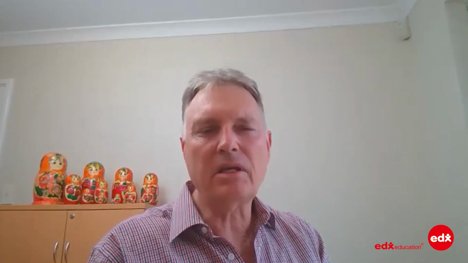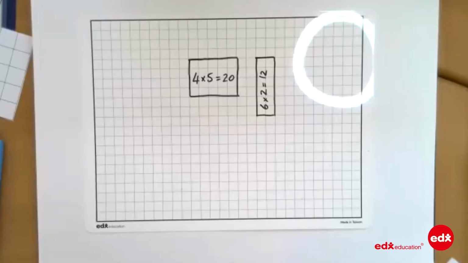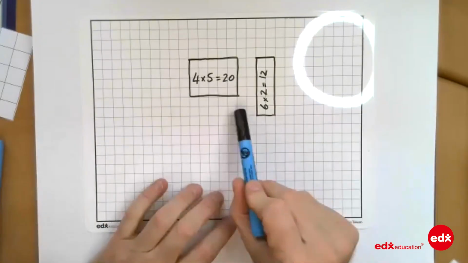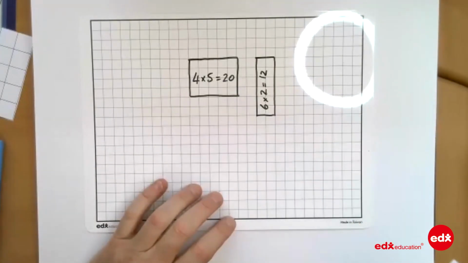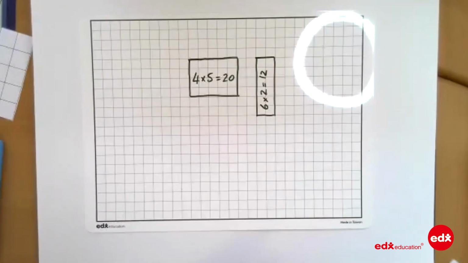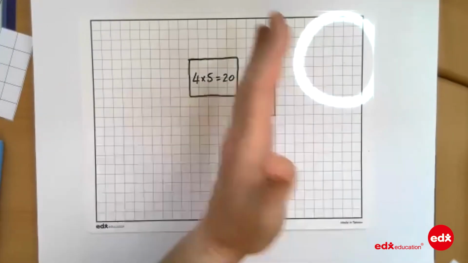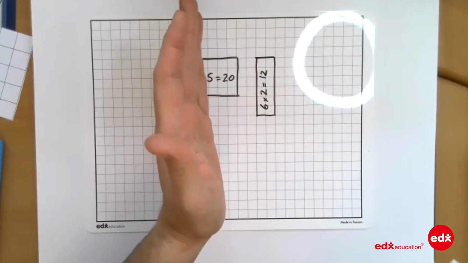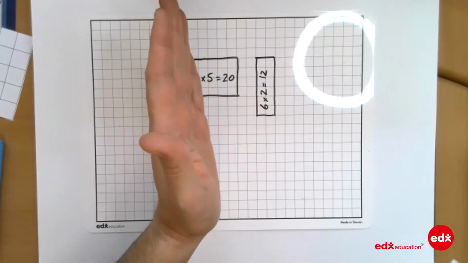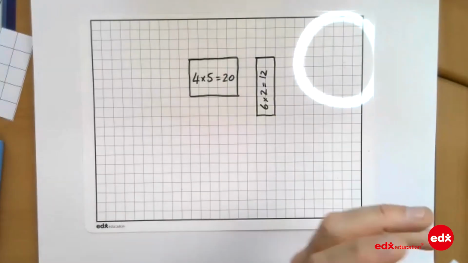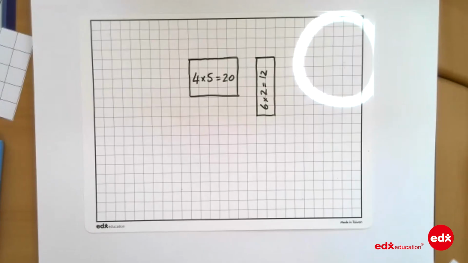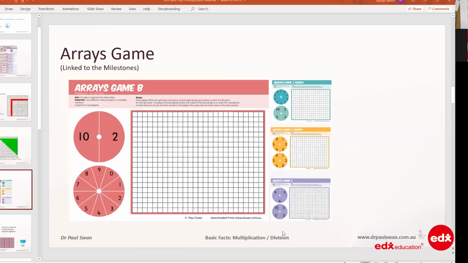So if we go back to the game, we would play for a while. Now, later on, I can change the rules. I might make the rule is you've always got to link up to one that's already there. Generally, we play in 2 colours, and sometimes I only use half a sheet. So if we take you back to the PowerPoint, just to help you out a little bit, because you may not have various dice and so forth, you will see that we've made this one, and it actually goes right from 0 to 9.